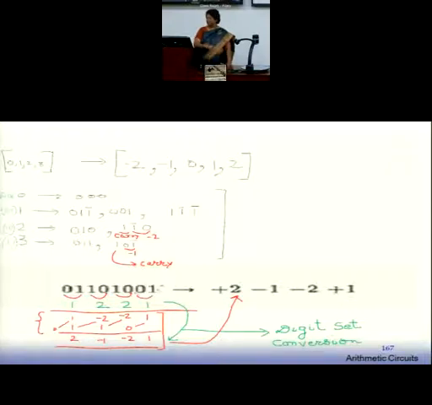Otherwise, how do I represent it? Two bits taken together: 0, 1 is 1, 1, 0 is 2, 1, 0 is 2, and 0, 1 is 1. So taking 2 bits together, this is equivalent to the number 1, 2, 2, 1.